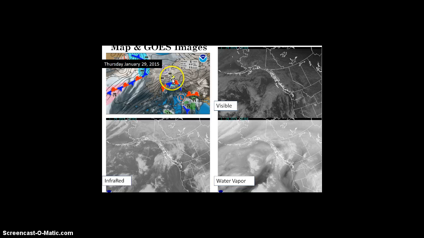On the 29th, you can see some thin cloud cover, and on the visible image, you can't really see anything. On the infrared, again thin, and then the water vapor is thin, but it is more visible on the water vapor than on the visible and the infrared.